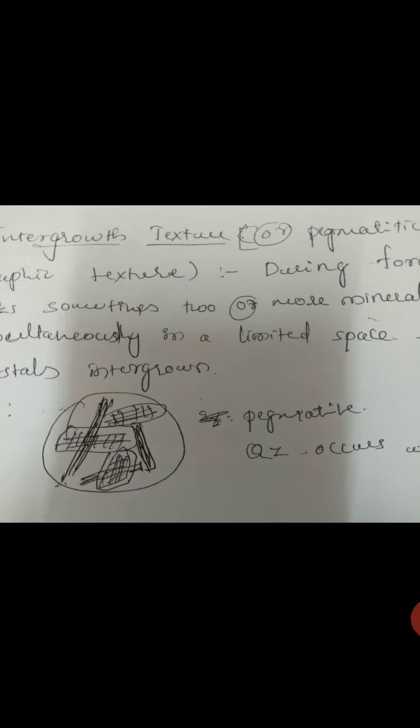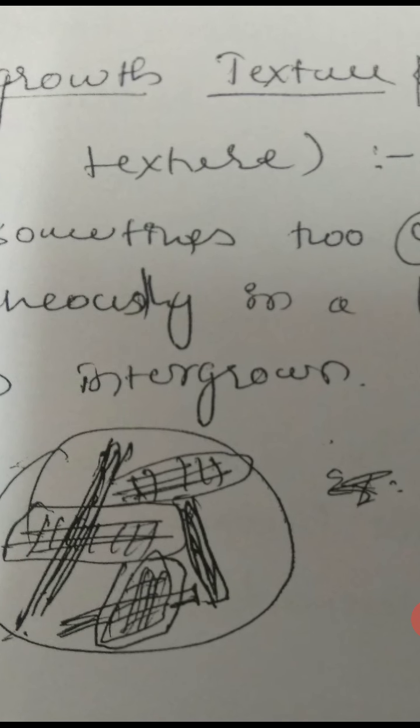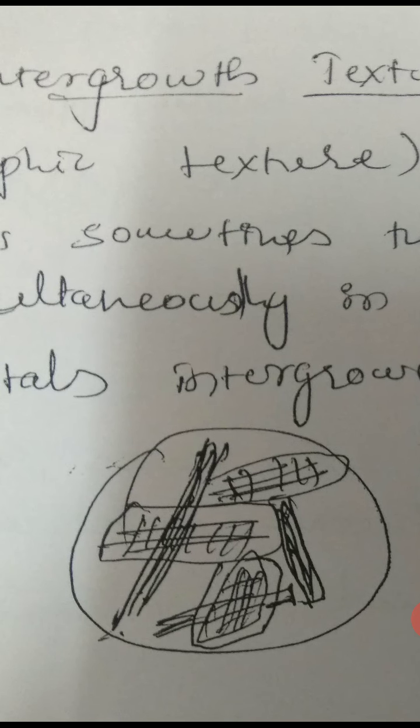These all come under inequigranular texture. Why are we calling it inequigranular? Because you can see the sizes of the minerals are different. That's why it is inequigranular texture.